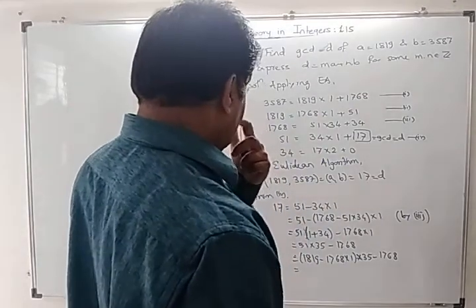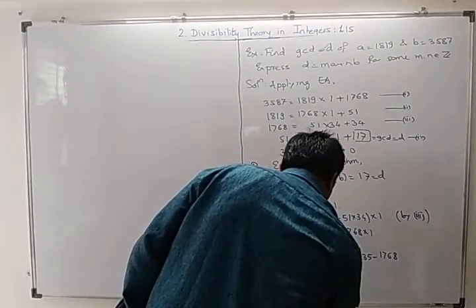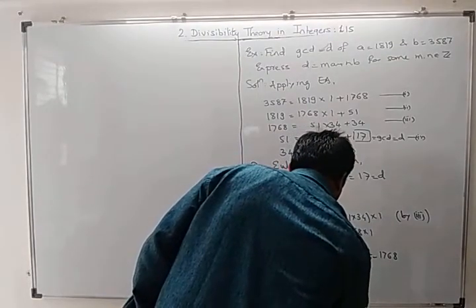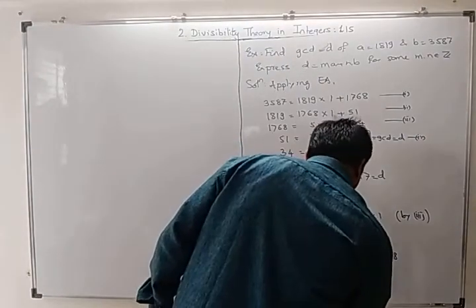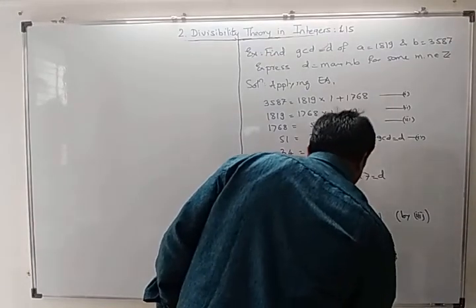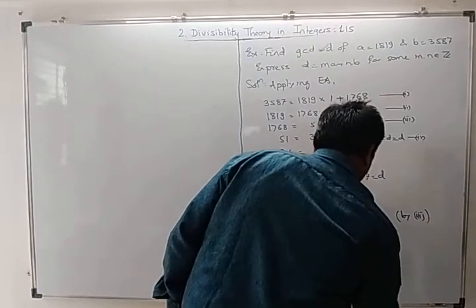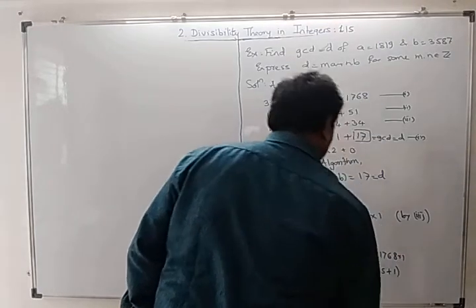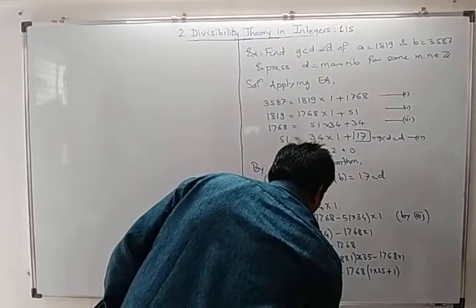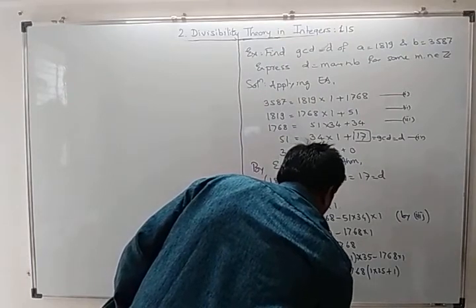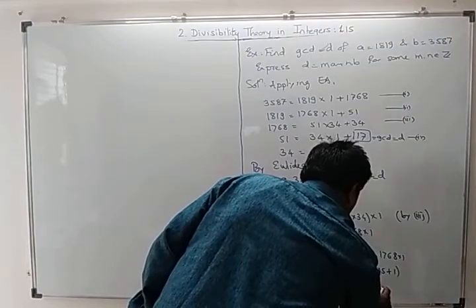So we'll get 1819 into 35 minus 1768 in bracket 1 into 35 plus 1. I am taking the minus sign outside. So we will get 1819 into 35 minus 1768 into 36.